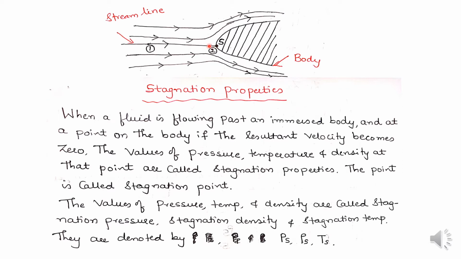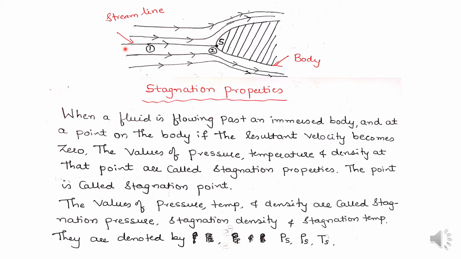When we measure the pressure, temperature and density at this point, these are called the stagnation properties, and this point is called the stagnation point, indicated by S here, point 2. The fluid flows this way and here the resultant velocity becomes 0. Another fluid flows past the other way, and there too its velocity will be 0.